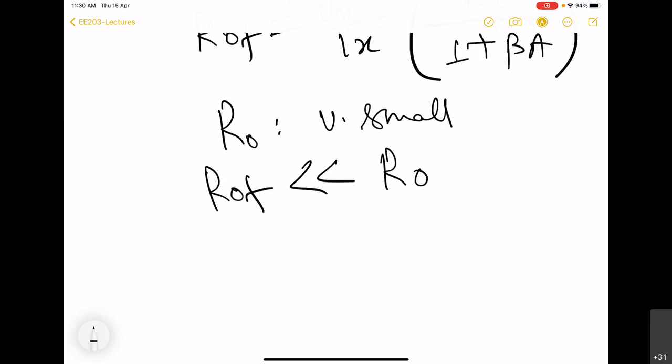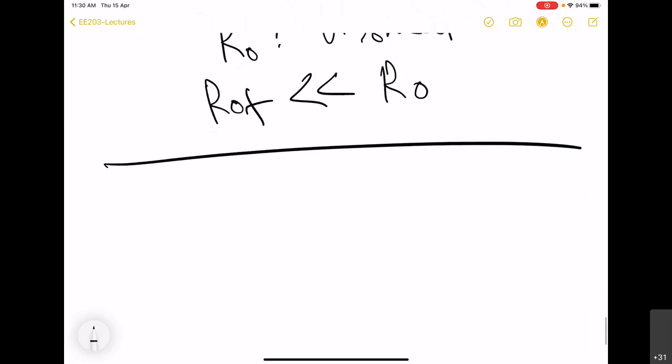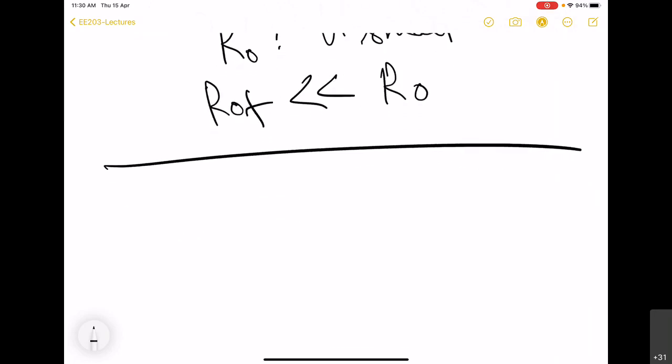Now what we are going to do is take exactly a different type of amplifier, that means a current amplifier, and try to see what will be the modification of the impedances. So we now take the second example, the current amplifier.